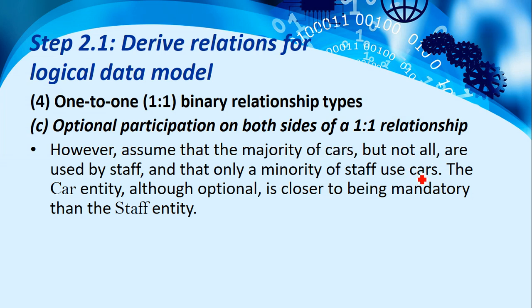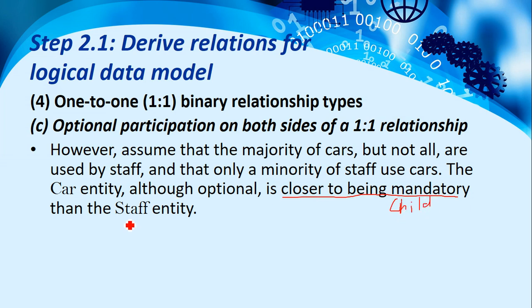In this case, the car entity, although optional, halos malapit na siya maging closer to mandatory participation than the staff. So therefore, since our car entity is close to being mandatory, automatic ito yung magiging child natin.